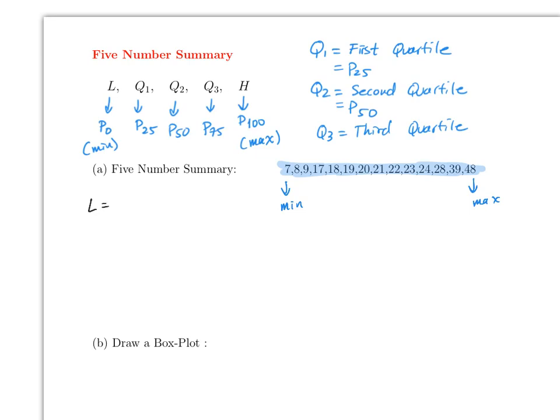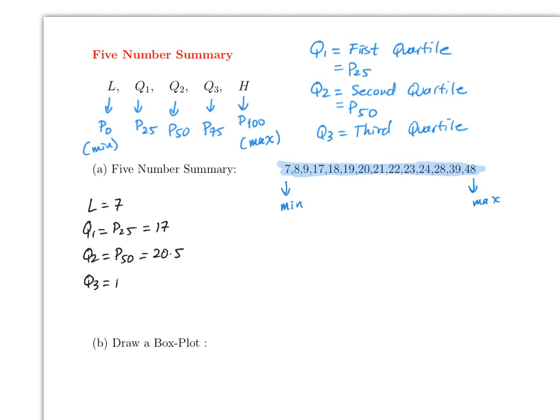So therefore the lowest is 7, or the minimum. Q1, remember, was P25, but P25 from the previous page was equal to 17. Q2 was equal to P50, which was 20.5.